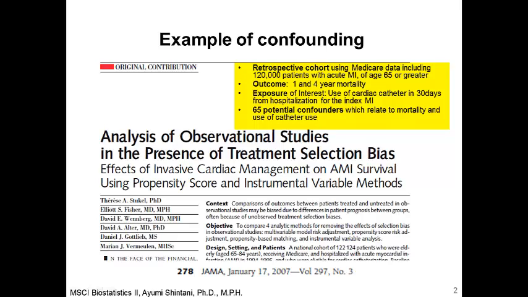The exposure of interest is use of catheter within 30 days from hospitalization for the index MI. And there are 65 potential confounders because this is an observational study, so we don't have randomization to control for confounding. So we will talk about how we can control for confounding in the data analysis stage.